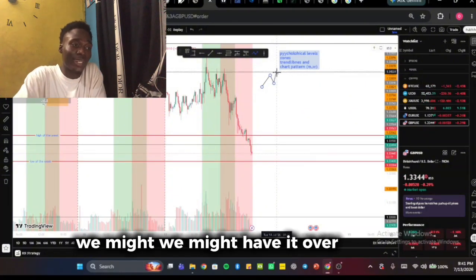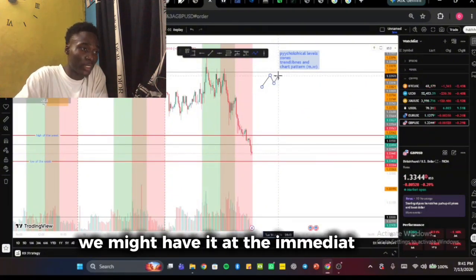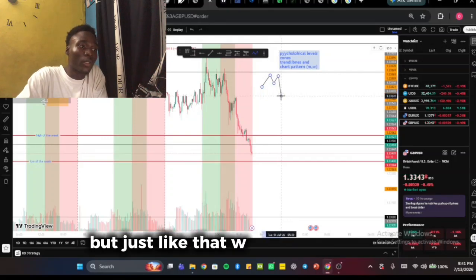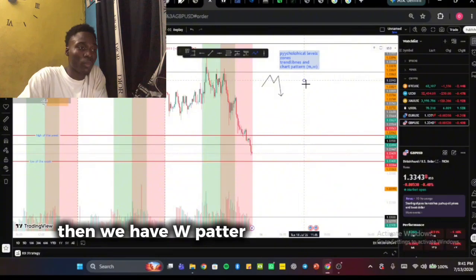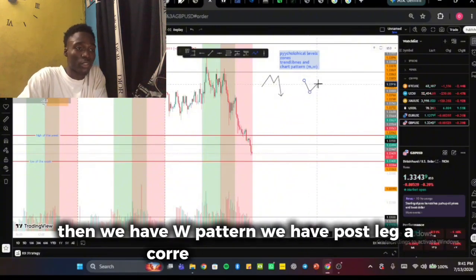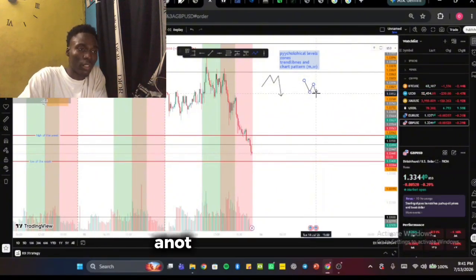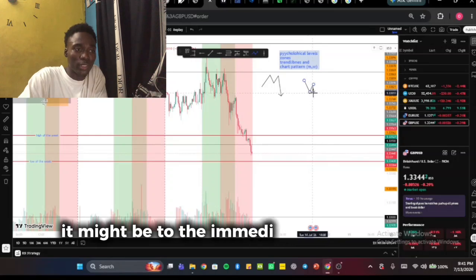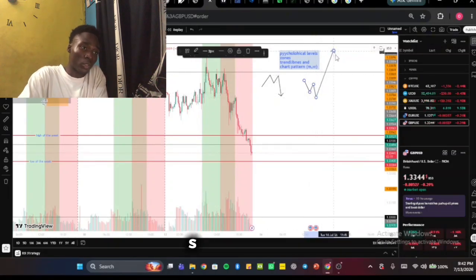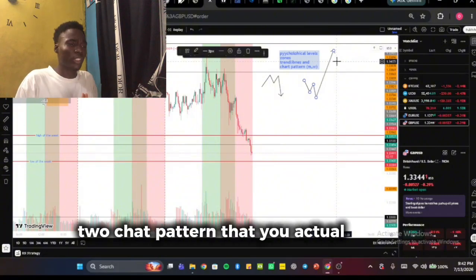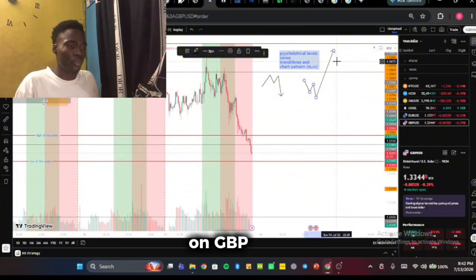We might have it overextend, or we might have it at the immediate high. Then we have the W pattern: first leg, correctional, impulsive, another correctional. It might be to the immediate low, or we might have an overextension, and then we have a bump to the upside. So those are the two chart patterns I pay attention to the most on GBPUSD.